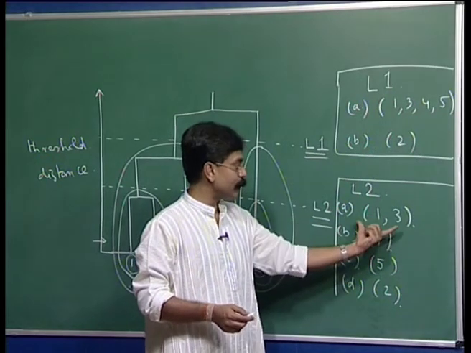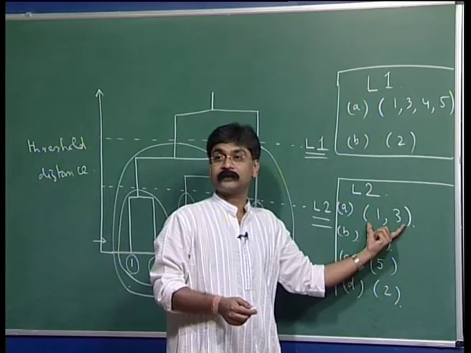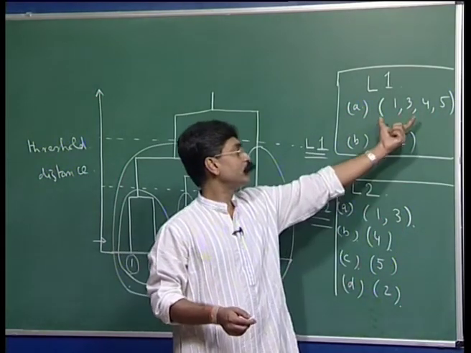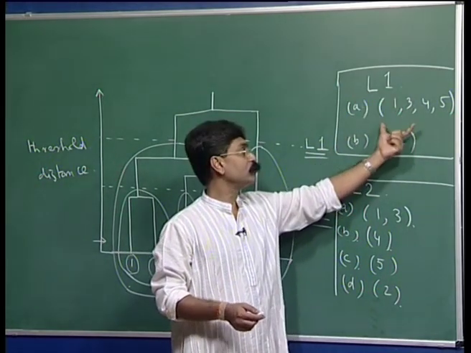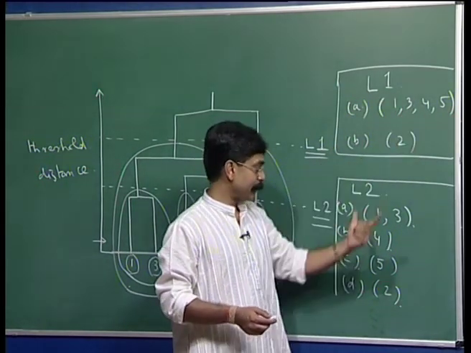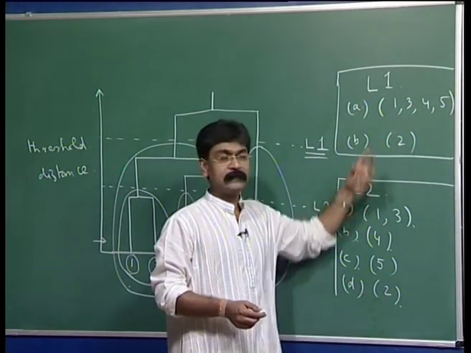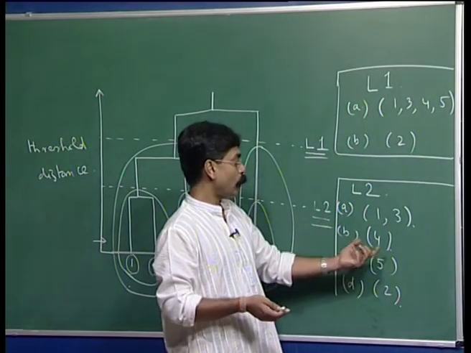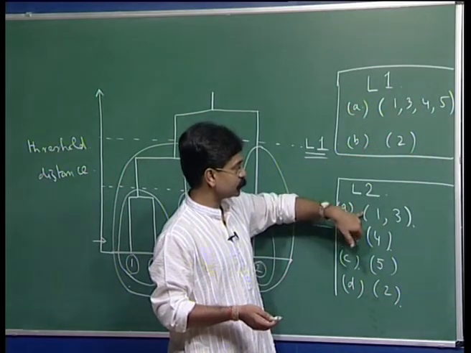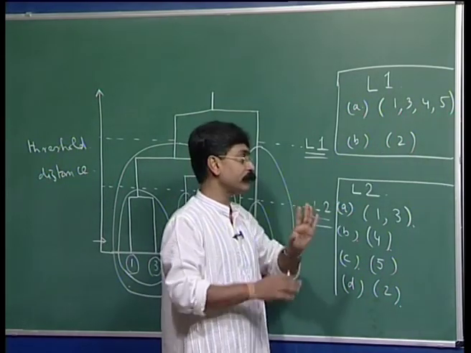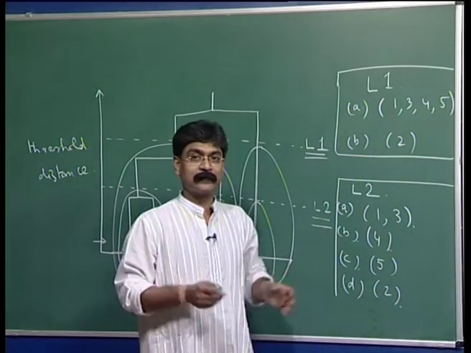If you look at the 1,3 cluster from L2, you will see that it is a proper subset of this particular cluster that is coming from L1. Now, if you choose two clusters, say this and this cluster here, you will see that the two are disjoint. So, either they are going to be disjoint, or one would be completely contained in the other. If you look at this and this, they are identically the same, so the two sets are exactly equal.